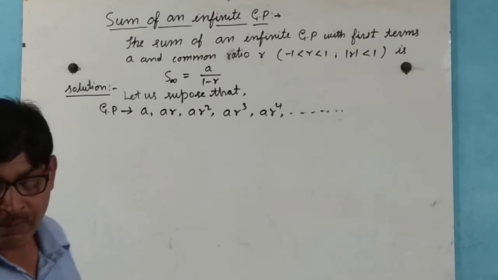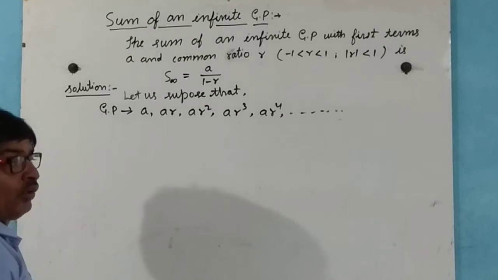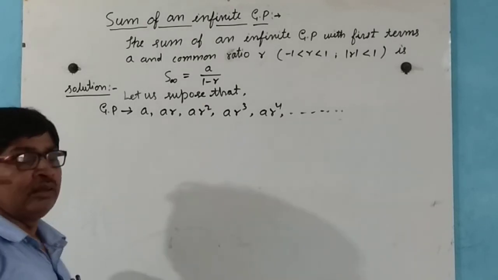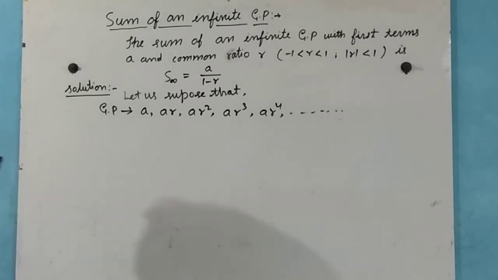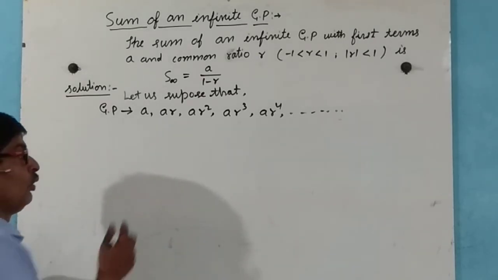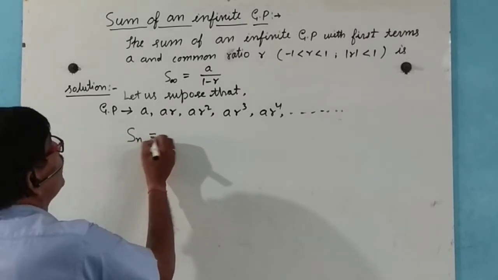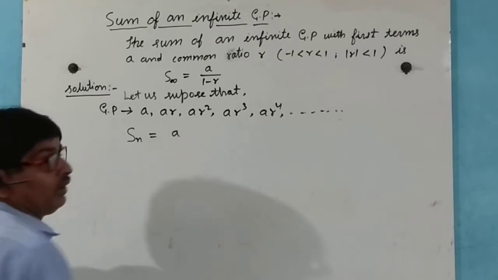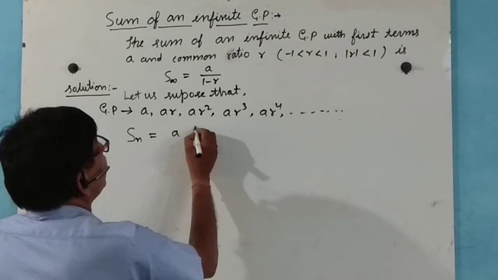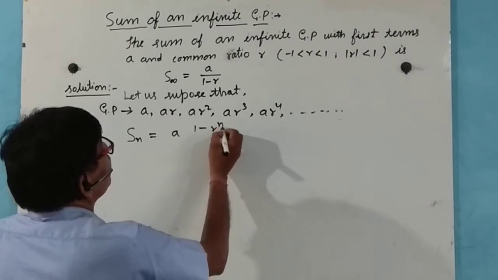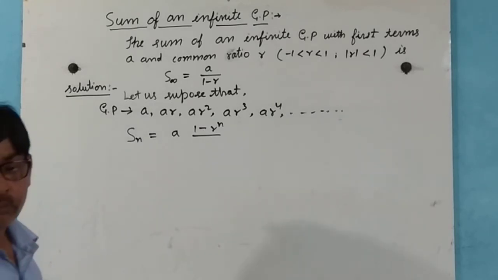Now Sn, as we calculated the sum of n terms of the GP in the previous videos, equals A times 1 minus R to the power n, divided by 1 minus R.